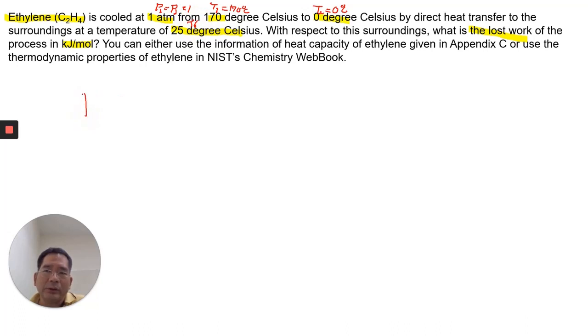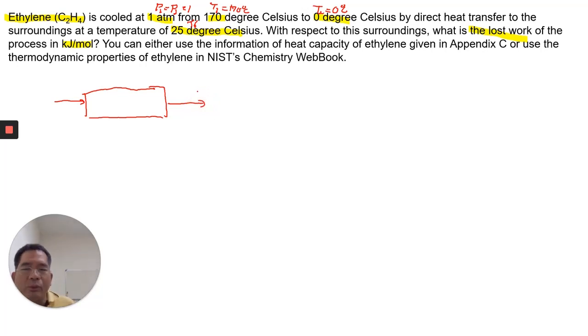So the first step of working on the solution is to write the process and label the variables you know. For example, in this one, P1 is 1 atm. P2 is also 1 atm.